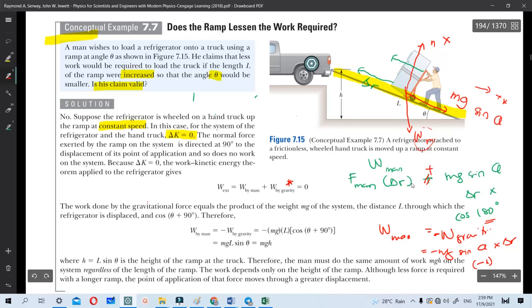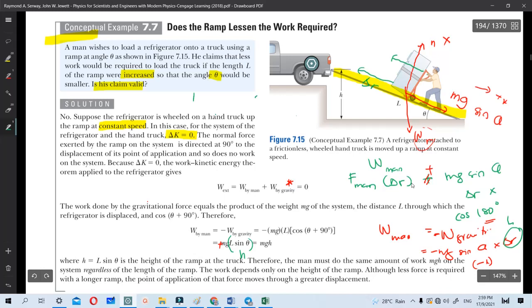So the negative and negative will turn out to be positive. Observe here, it's becoming positive. And delta R here is now being replaced with L. So mg sin theta times L. Now take out the L sin theta. The L sin theta is equivalent to H.